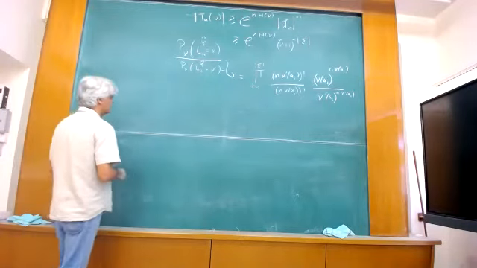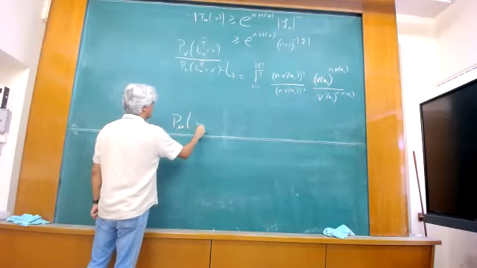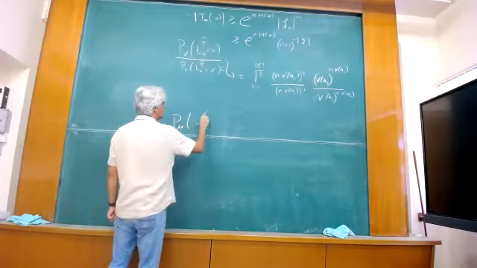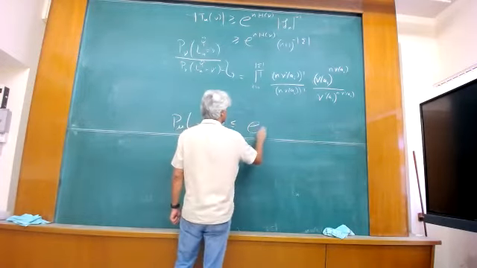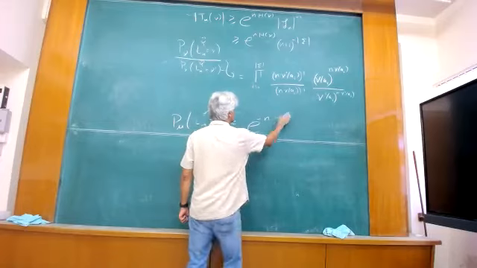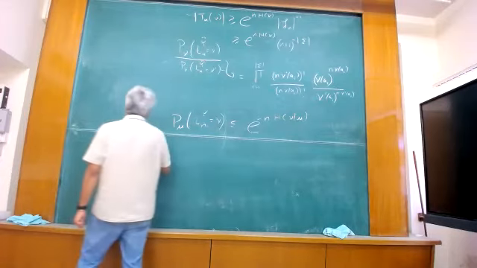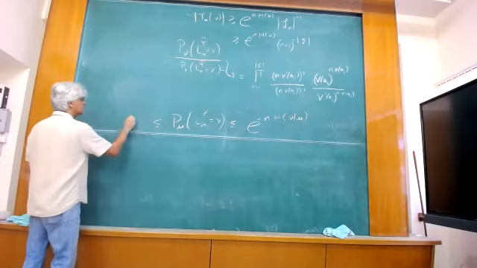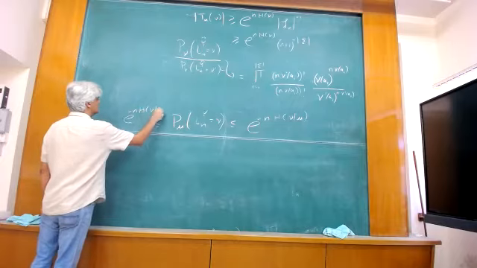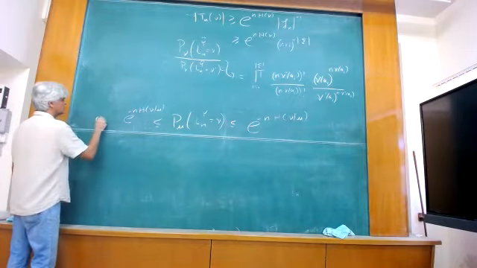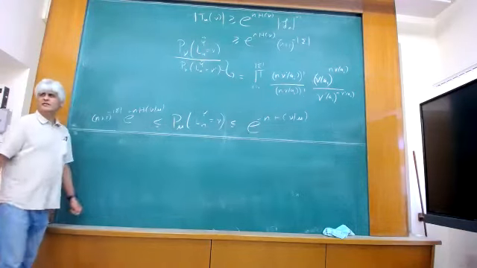Okay, so where are we? We are now at P mu ln y equal to nu is less than or equal to e to the power minus n h nu. That's what we have, right?